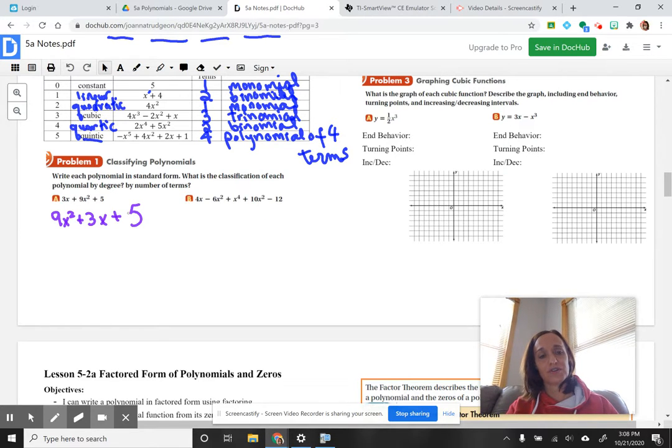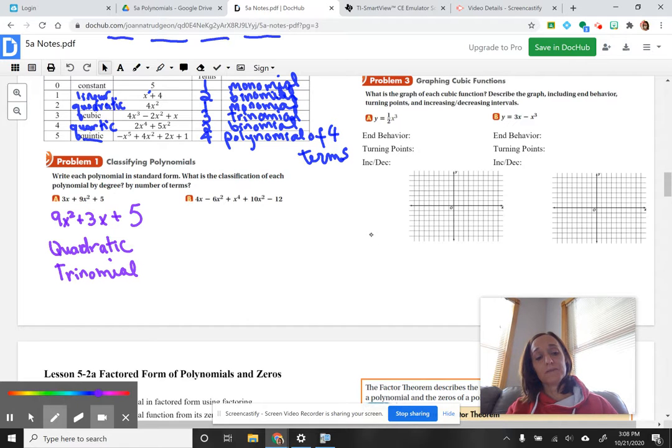The highest degree, which is the highest exponent, has to go first. The highest exponent is a 2, so this is a quadratic. That is classifying it by degree. And in terms of classifying it by the number of terms, there are 3 terms, so it's a trinomial.